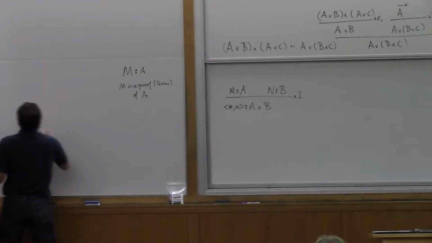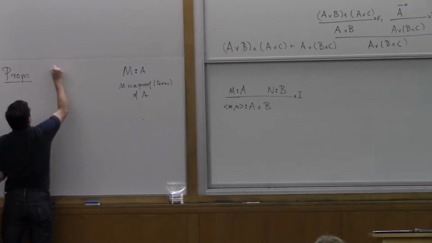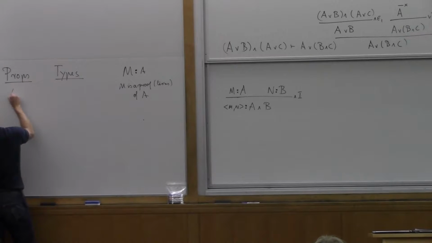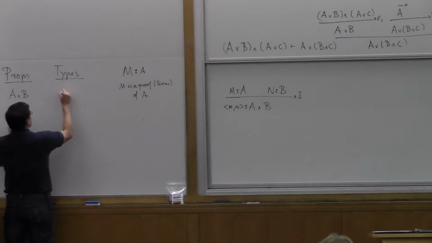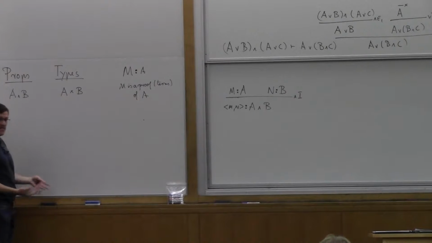So here we have our propositions, and here we have our types. The proposition A and B as a type corresponds to a product. So it's going to be something like A cross B, because it's inhabited by pairs. That's what a product type is.